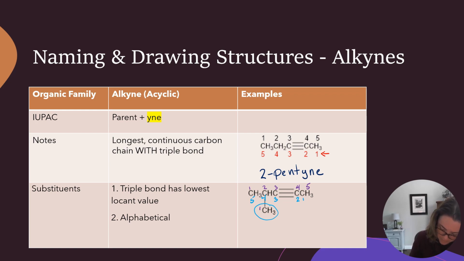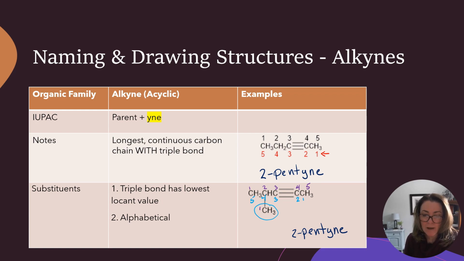So let me go ahead and write that out. So pentyne. Now, I again want to make sure that I let everyone know where that triple bond is, and it is on carbon number 2.